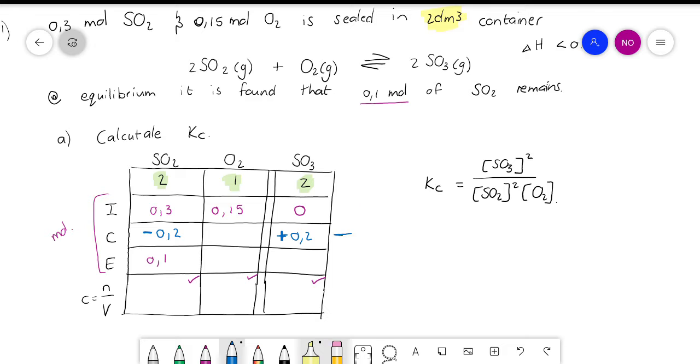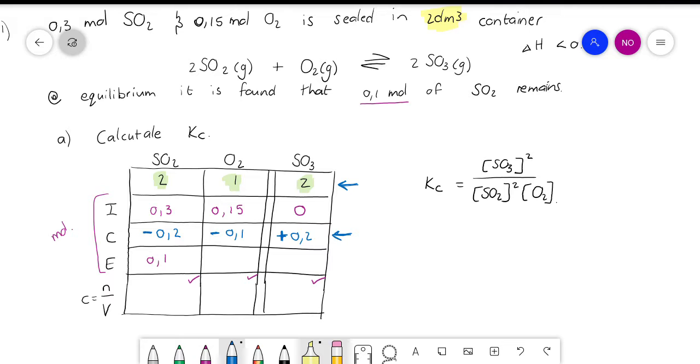For this one you have to look at the change row. Do you see that this one will be minus 0.1? Because it's 2 to 1 to 2, you're looking at that.